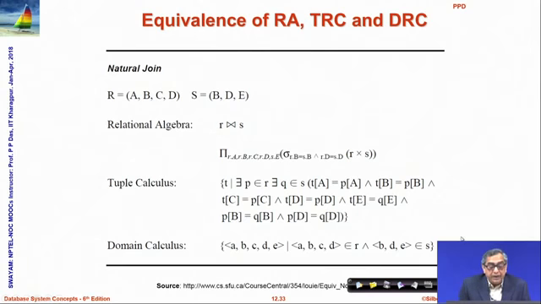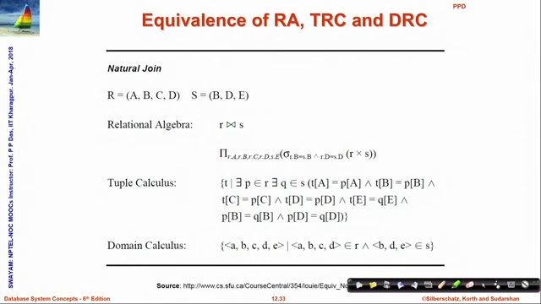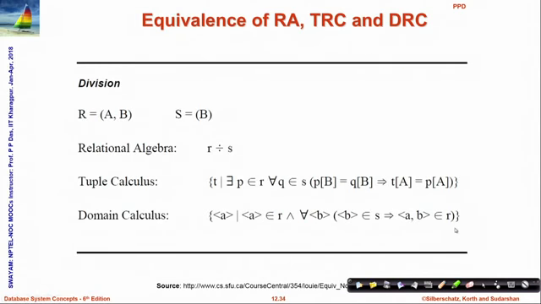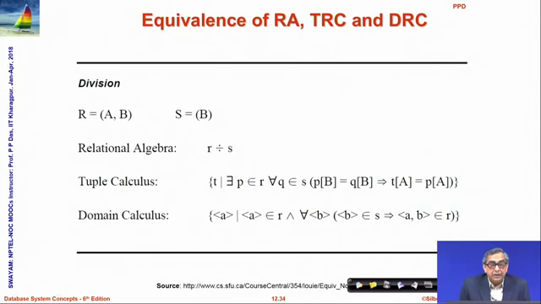We can define a natural join in a similar way, which I will leave as an exercise for you to convince yourself that this relational algebra expression for natural join indeed has similar equivalence in tuple and domain calculi. Division we just showed as a derived operation. We have not shown how in relational algebra you can write division using the other operations.